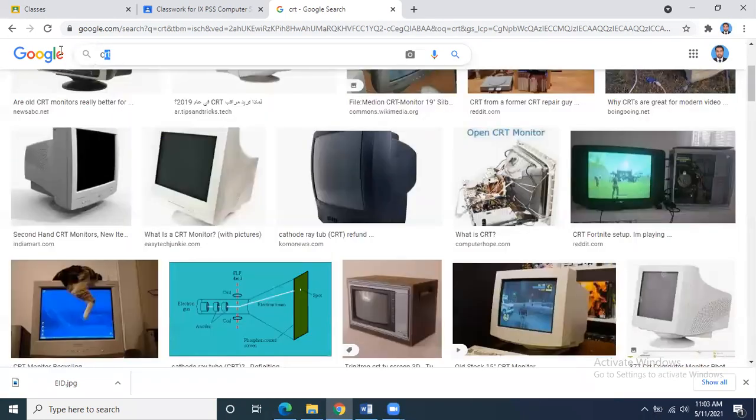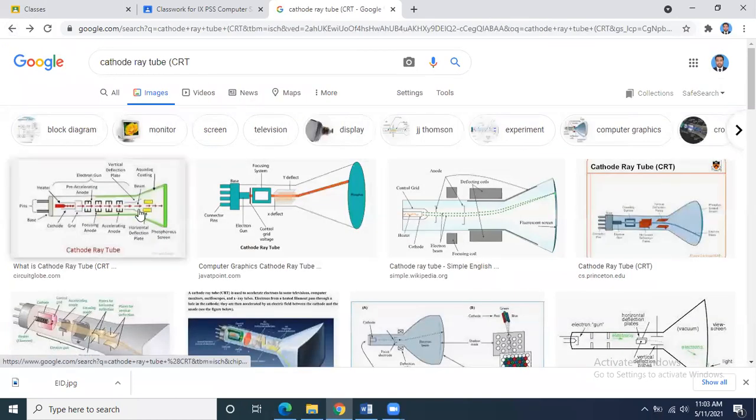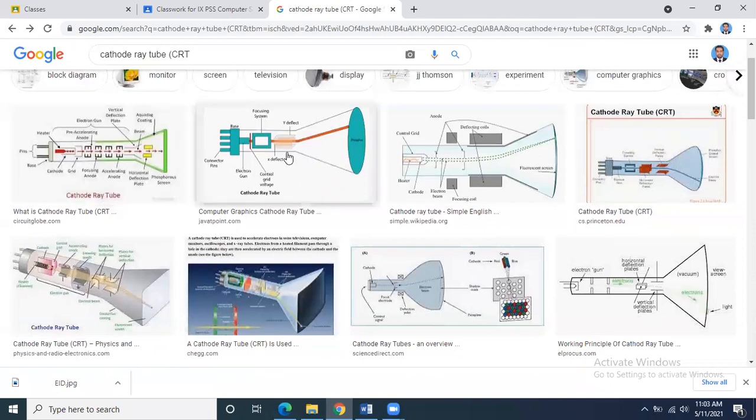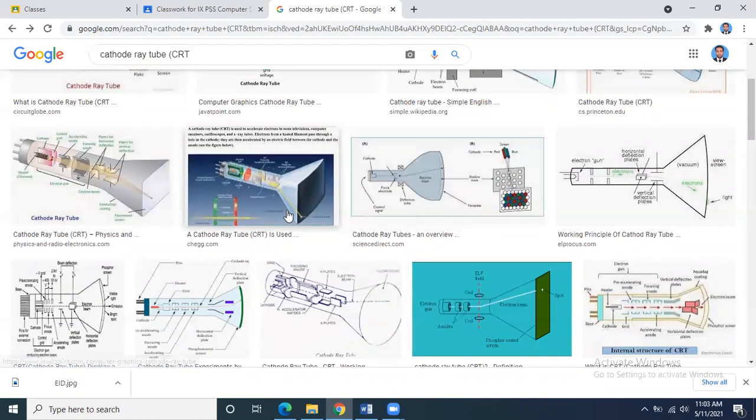And if you see the inside structure, you will know that there is an electron gun, in red, blue, green, which fires an electron beam over the back of the screen. There are phosphorus dots on the back of the screen, and these dots glow when the electron gun fires electrons on them. So this is basically the mechanism of the CRT.